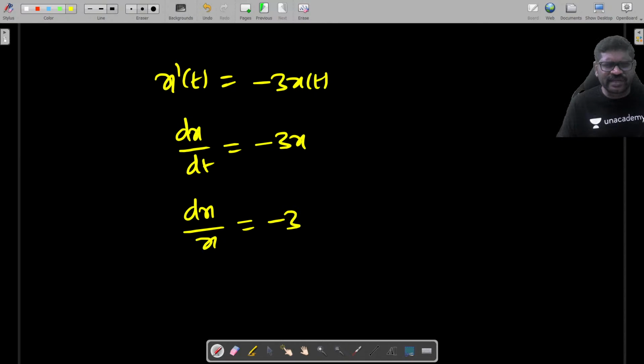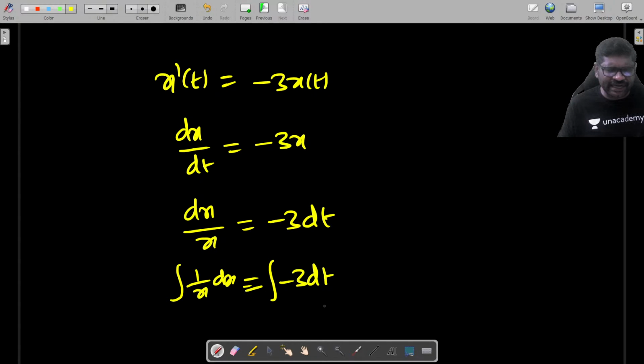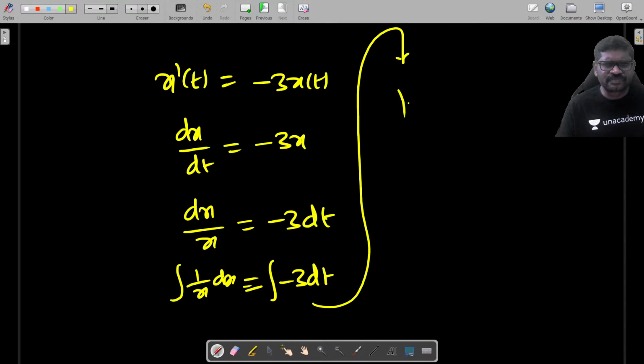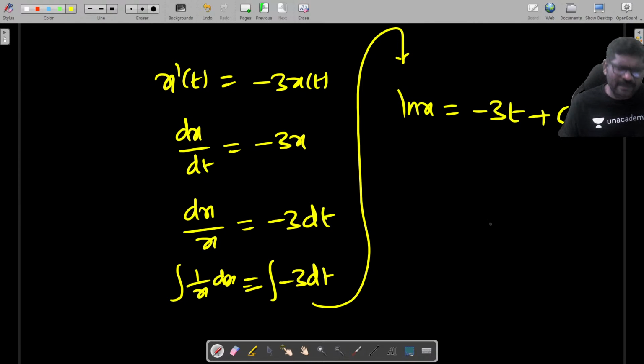Dx by x equal to minus 3 dt. Integral 1 by x dx is integral minus 3 dt. Log x equal to minus 3t plus c, or you can write log c.